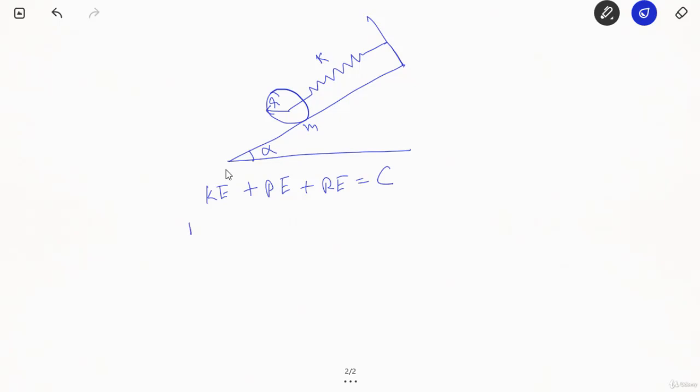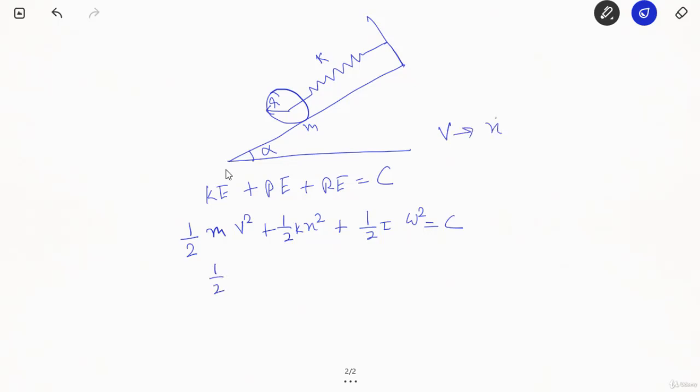Kinetic energy is given by half m v square plus spring potential energy half k x square plus rotational kinetic energy half I omega square, right, is equal to constant. Like I said in the previous problem, v can be named as x dot, which is the first derivative.